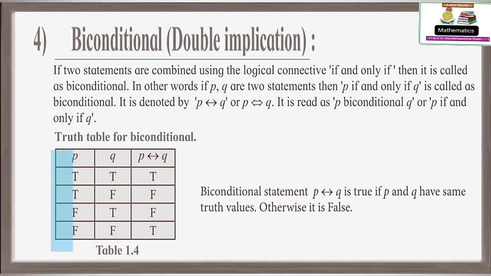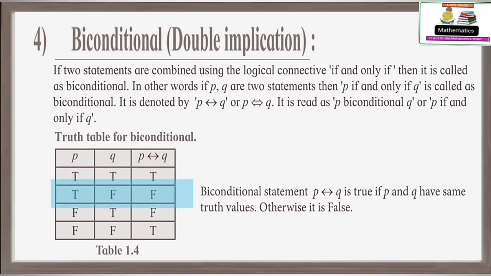Let's see the table for biconditional. In the P column, the truth values are T T F F. In the Q column, the truth values are T F T F. Then P biconditional Q: first, if both are true, P biconditional Q is true.